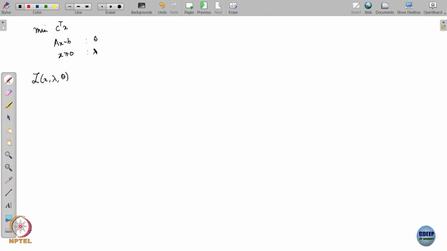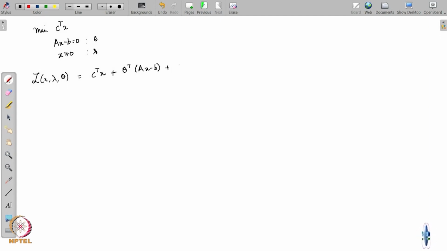So, I will write this as Ax minus b equal to 0. So, my Lagrangian therefore is C transpose x plus theta transpose times Ax minus b.